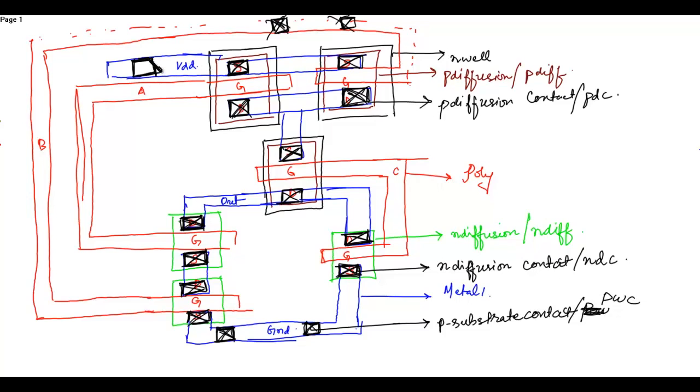So this is the N substrate contact. While writing the command, you can write it as NWC or the N-well contact. So this is the layout from the stick diagram. It may not look good, but if you draw it in the layout tool, then you can draw it properly.